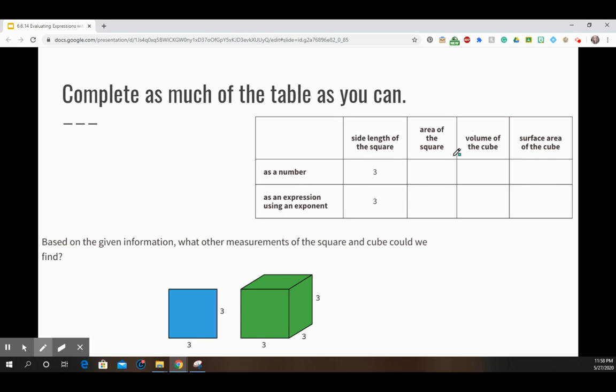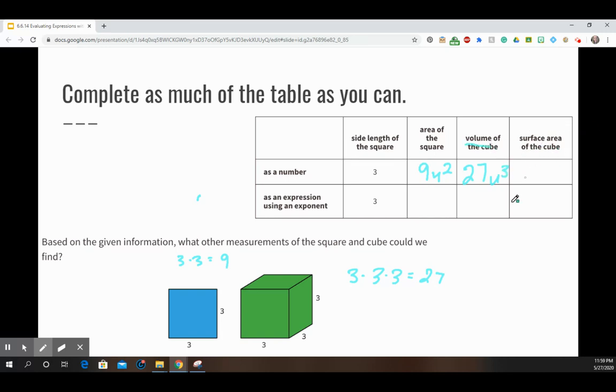And the volume of the cube, I do length times width times height: 3 times 3 times 3. 3 times 3 is 9, 9 times 3 is 27. So the volume of the cube is 27. I should have put units squared and units cubed because I'm talking about volume.